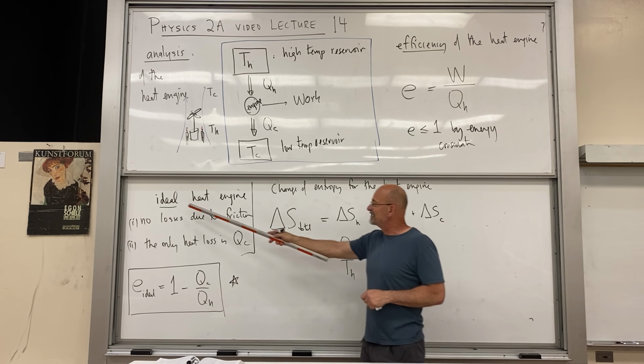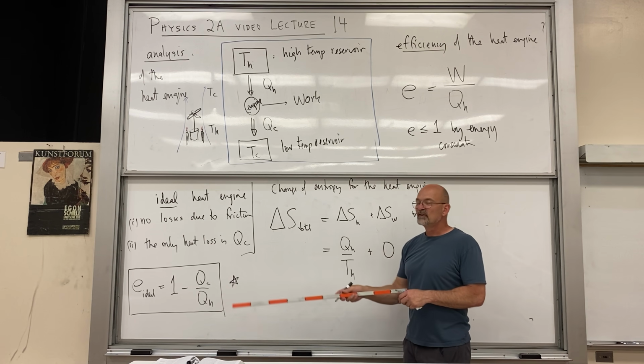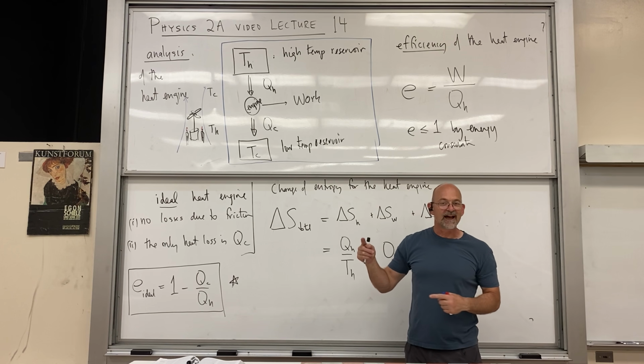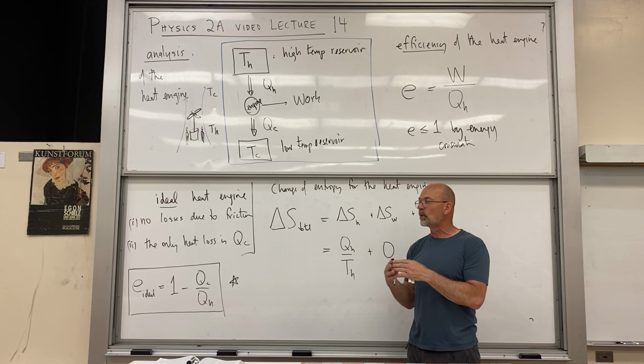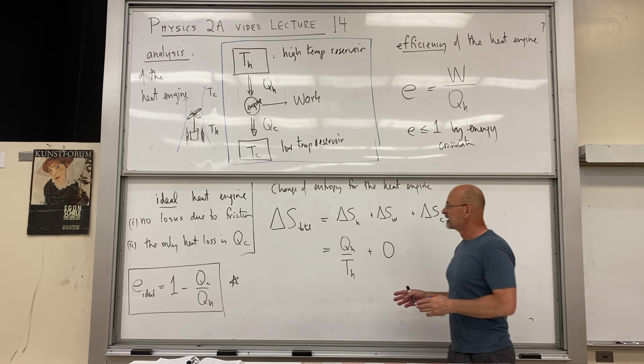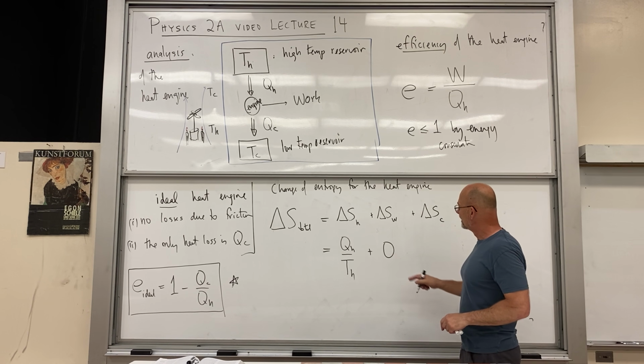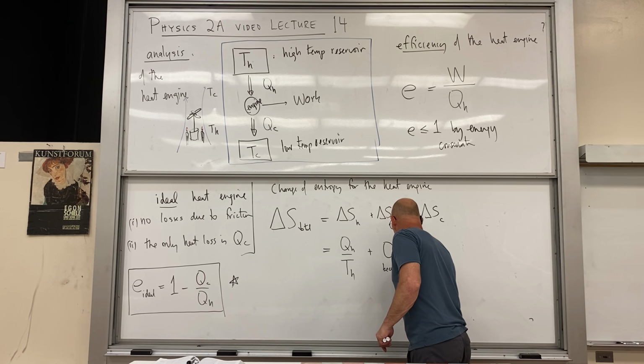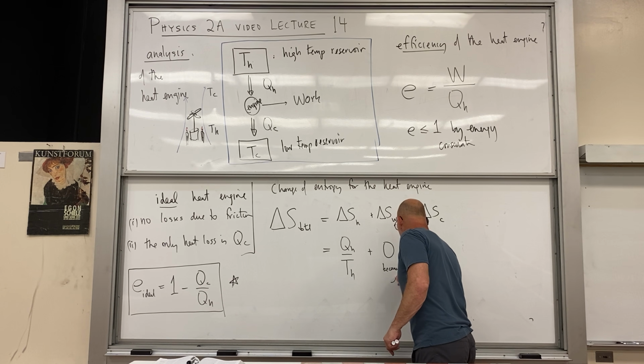That's because it's an ideal engine. No losses due to friction, no wear and tear. After it does a complete cycle, it's exactly where it started, so it hasn't become more disordered. Okay? That's why it's an ideal engine. So I'll write 0 here because ideal engine.